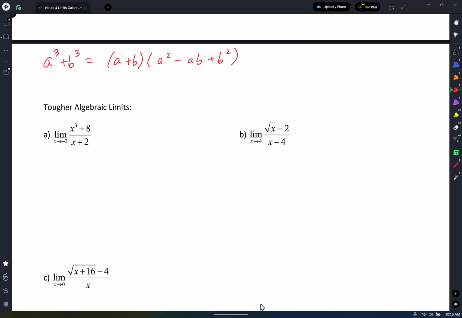What is that called? Sum of cubes. Here's another one, a cubed minus b cubed. This one starts with a minus, so a minus b, and then all the other ones are pluses: a squared plus ab plus b squared. What is that one called? The difference of cubes.